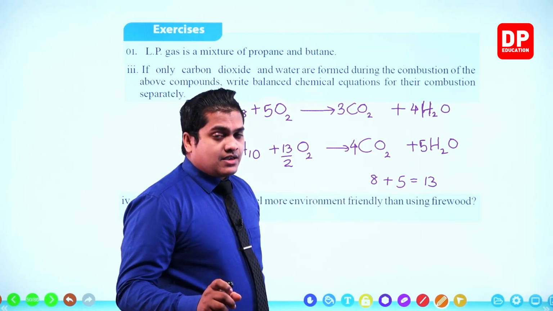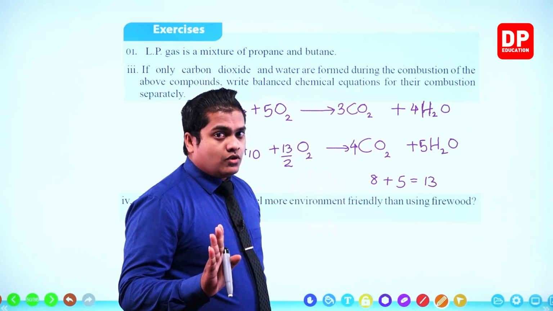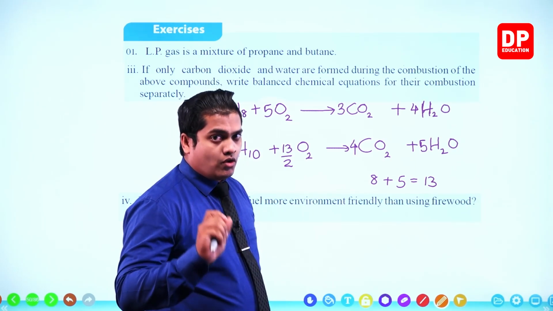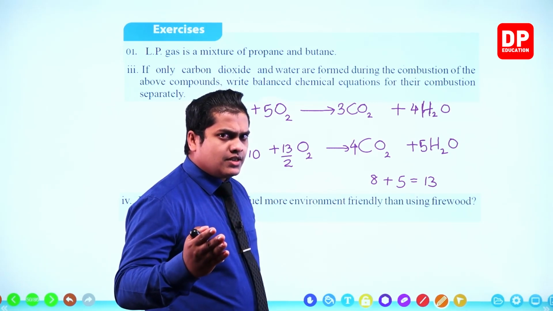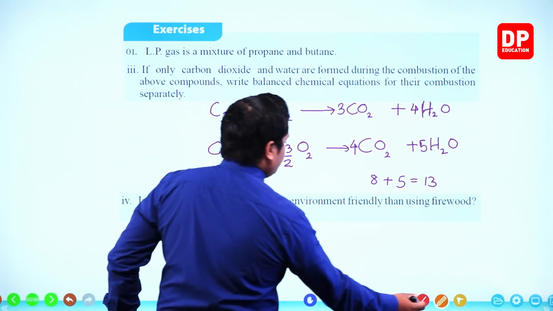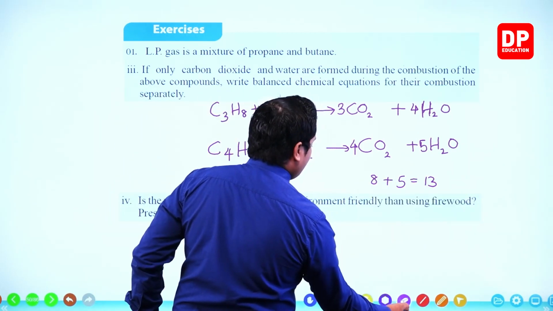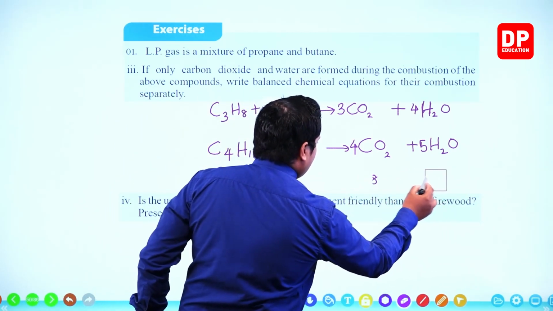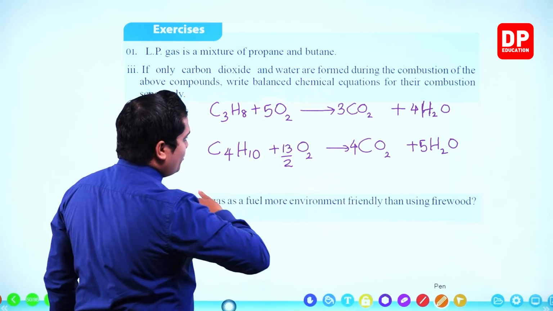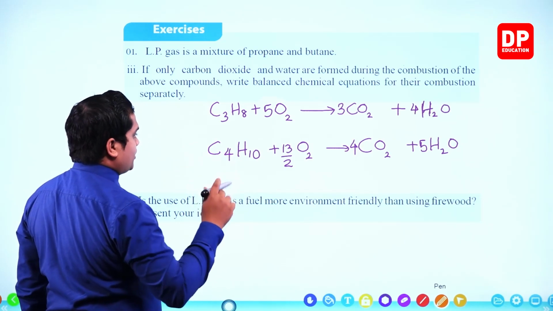When writing the balanced chemical equation, we can't put these things like this. There should be a whole number. So in order to convert these into whole numbers, you multiply each and every term by 2. By that way, my dear children, we can cancel off these 2. So you multiply each and every term by 2.